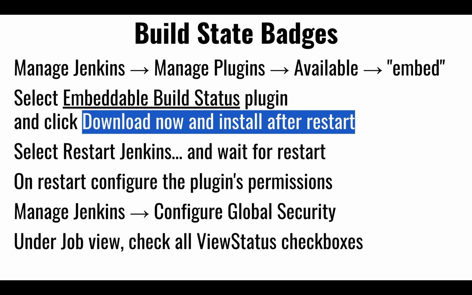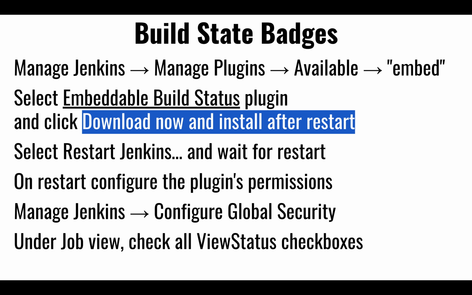Another way that is also very popular is to embed a badge in the README file of your repo. A badge that you can very quickly use to tell whether the master branch of that particular repo has successfully built the very last time. We have installed this plugin, the embeddable build status plugin.